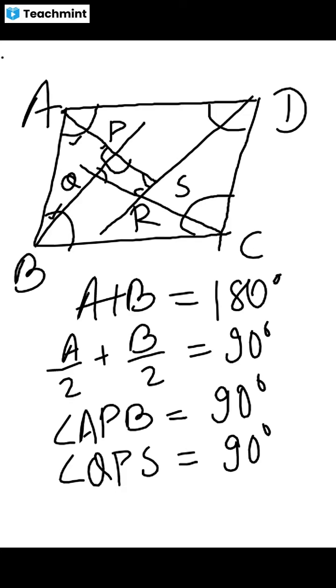After that, we have to prove some theorems again. Another condition for a quadrilateral to be a parallelogram. Theorem 8.8. A quadrilateral is a parallelogram if a pair of opposite sides is equal and parallel.